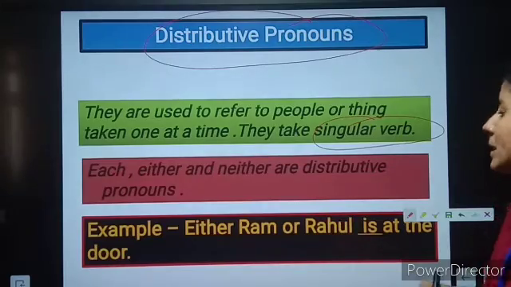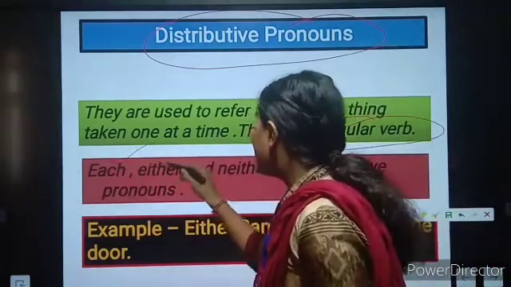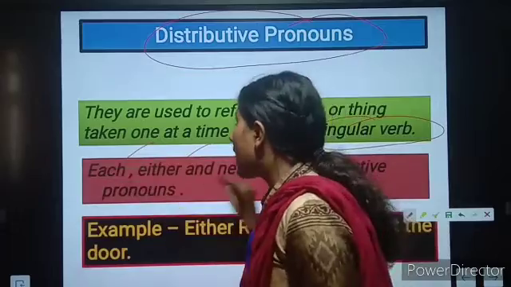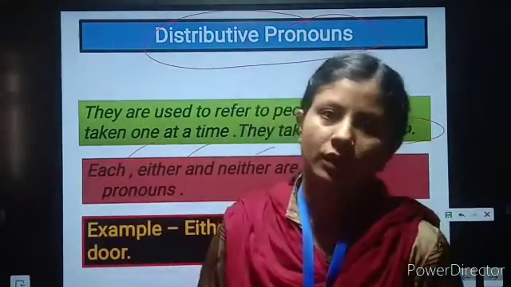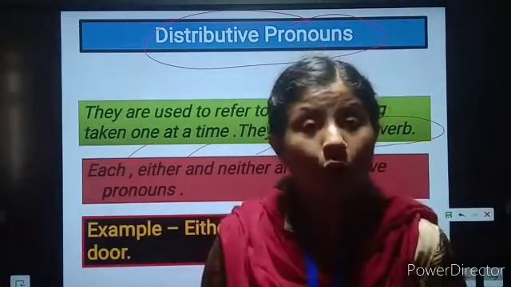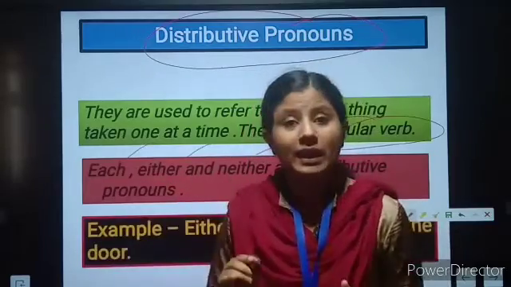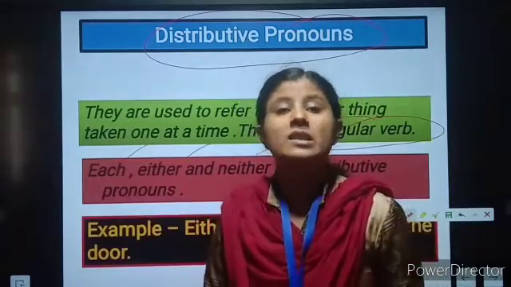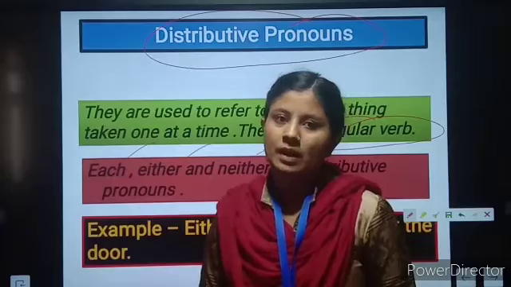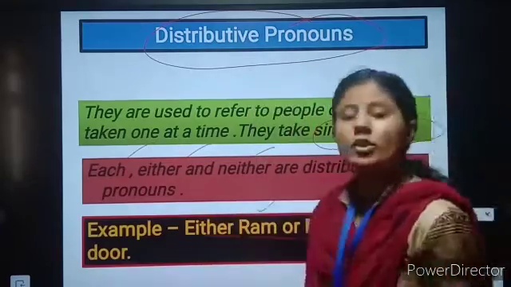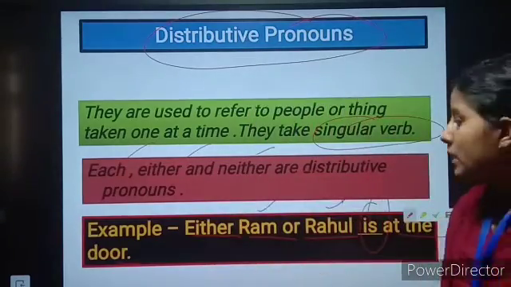Clear? You can see some examples: either, each, neither. So these are the distributive pronouns, and whenever you use these pronouns in a sentence, you must take a singular helping verb.